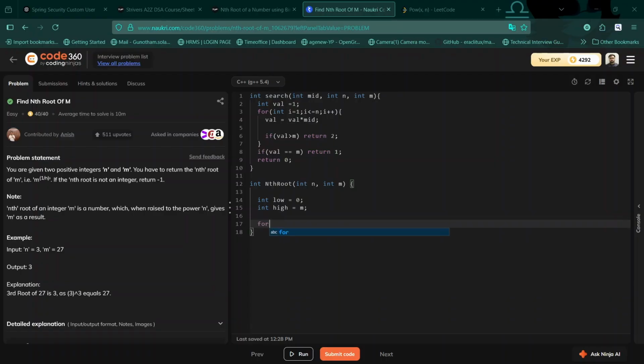Then I'll save the answer in val, while low is less than or equal to high, what I can do is add the value of low plus high by 2.